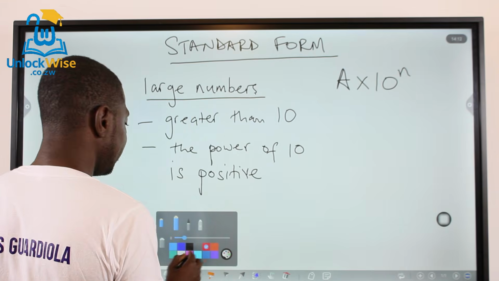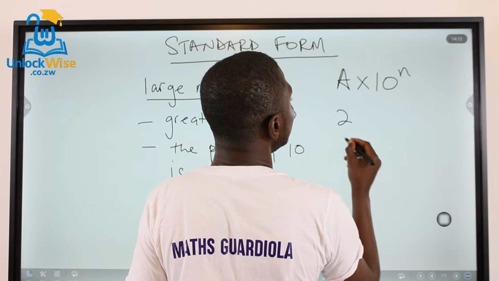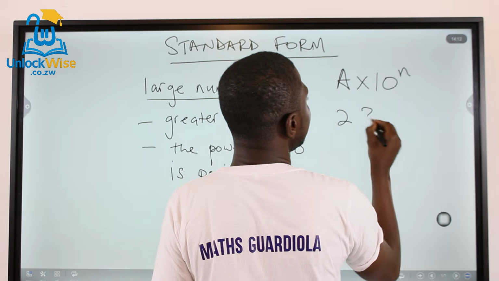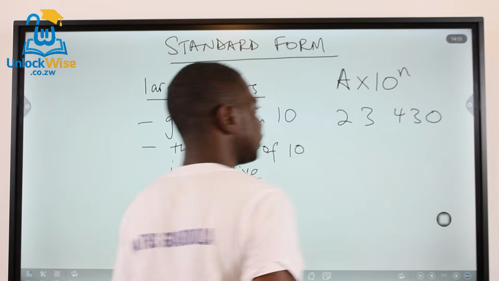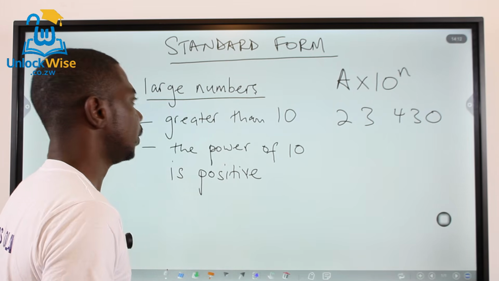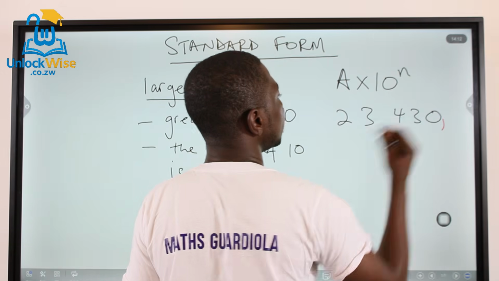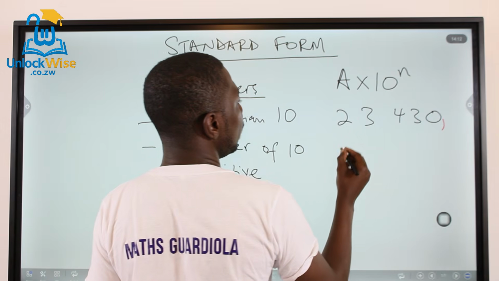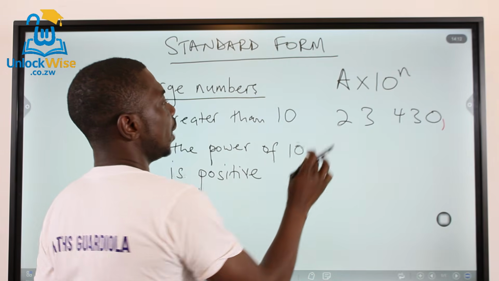Let's say we have 23,430 and we want to express this in standard form. We will still do the same thing. Initially, our comma was supposed to be here. And now, looking from left to right, our first non-zero number is 2.